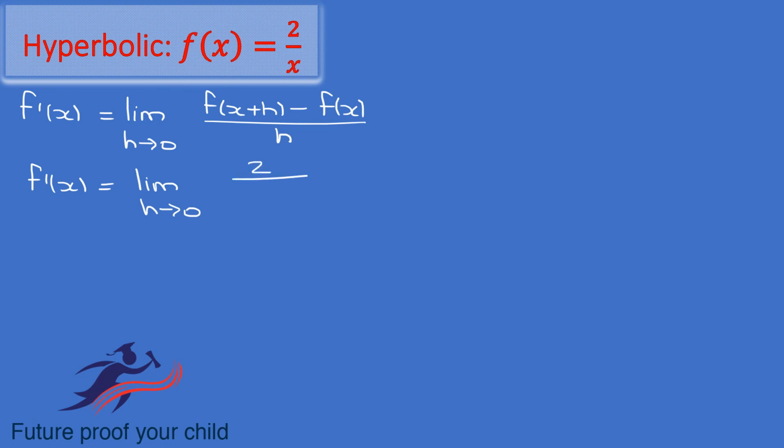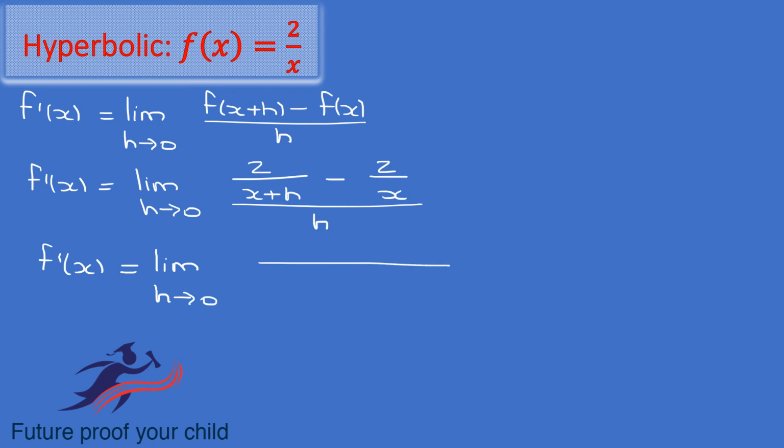So it's 2 over x plus h minus my 2 over x, and it's all over h. Now, on top of my line, I am going to find an LCD, which is x and x plus h. So for the first term, I need to multiply by x, so I get 2x minus, and then for this term, I need an x plus h.